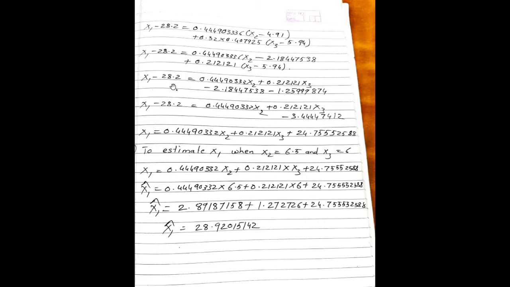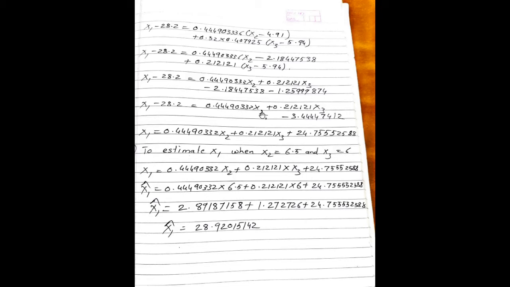So x1 minus 28.2 is equal to 0.44490 x2 plus 0.212121 x3 minus 2.18447538 minus 1.2599874.